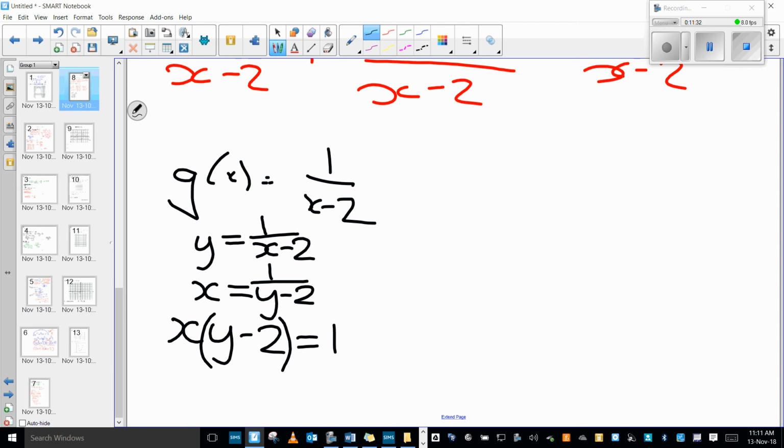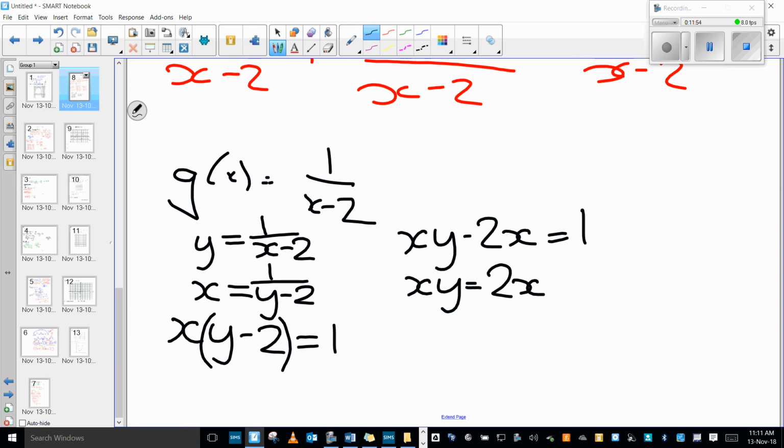So now you can expand your bracket, and then we move this because that wants to be by itself. Perfect. Thank you very much. Well done, ladies.